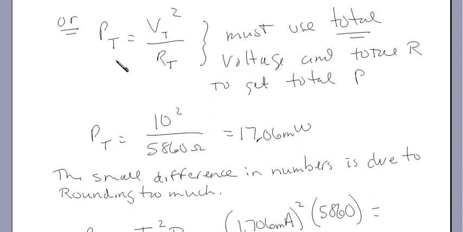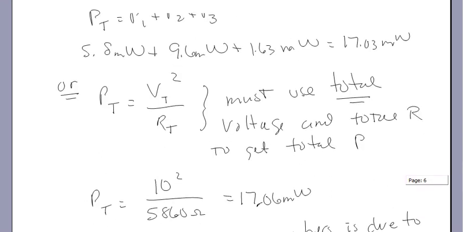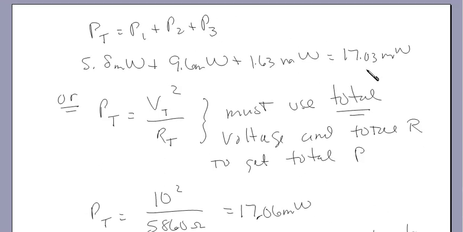So I can say total power is voltage total squared over RT. So you must use total voltage and total resistance to get total power. My total voltage is 10, so I go 10 squared, and my total resistance was 5860, so I divide 10 squared, or 100, by 5860, and I get 17.06 milliwatts, which is exactly what I got when I added my 3 powers up.